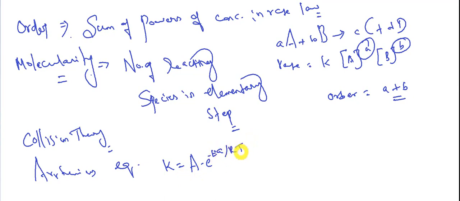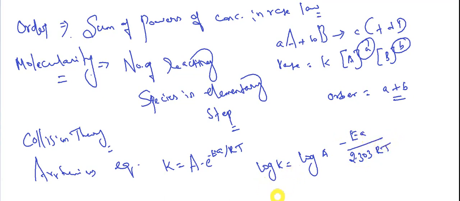This is the Arrhenius equation, and it can be written as log K equals log A minus Ea by 2.303 RT.